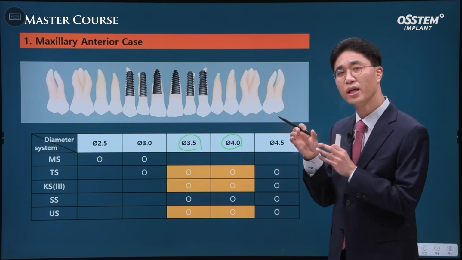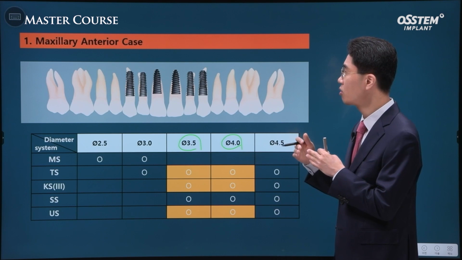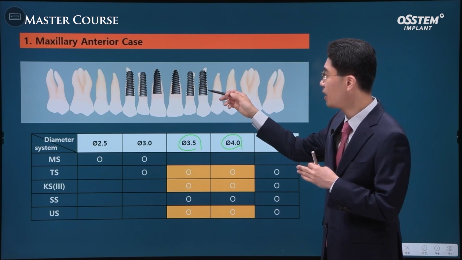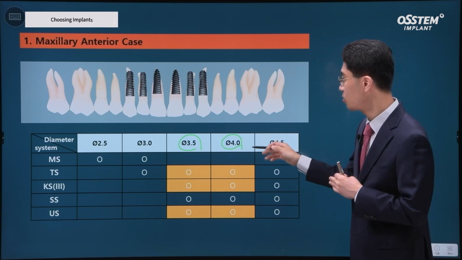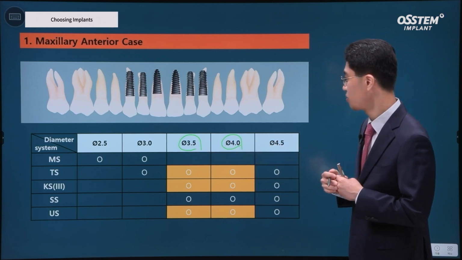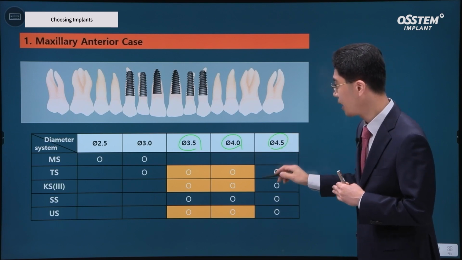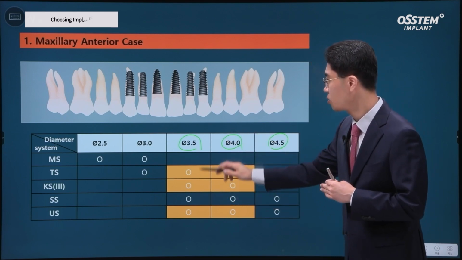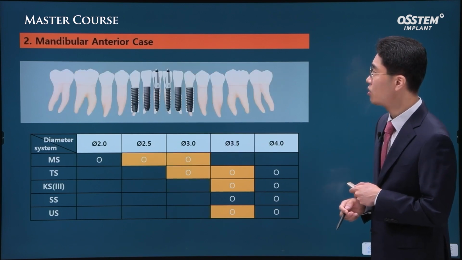You need to consider the mesiodistal width of the natural tooth and place the implant. So this should be appropriate. At times 4.5 can be used, but in general, mostly people use either 3.5 or 4.0 millimeter diameter implants.